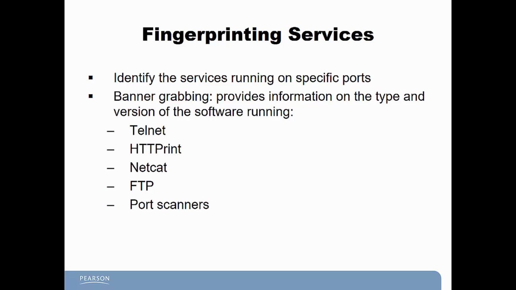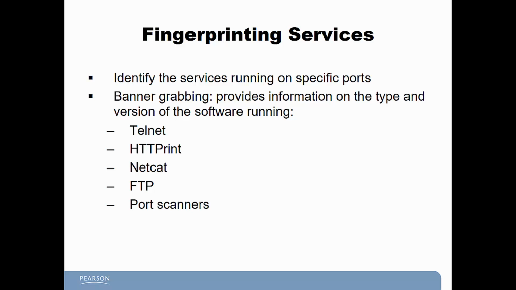Fingerprinting services. Maybe we're trying to grab information from certain services by grabbing banner information, things like Telnet or FTP or Netcat. Something that will provide information about the type, the version, and maybe the version type of the software. That way, maybe we're looking for FTP. By trying to connect to it, we may get the type and the version of FTP.